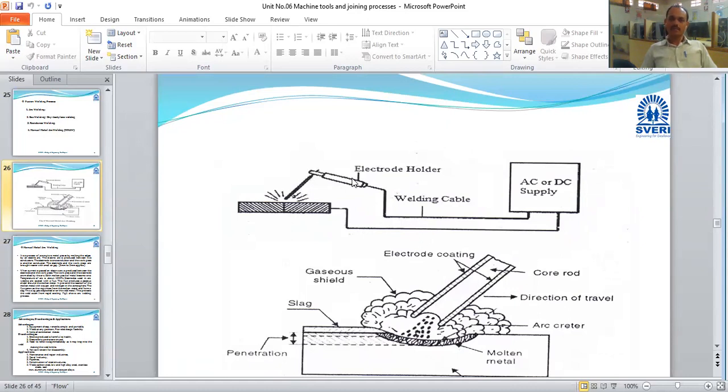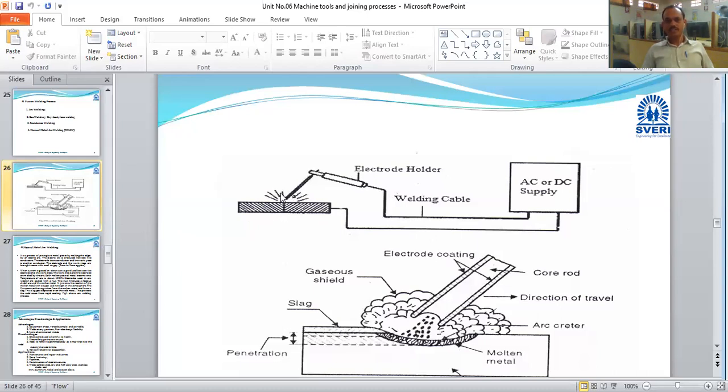But when current transfers from the electrode, a gap of about 1.5 to 3 millimeters is provided between the workpiece and the electrode. Due to that, heat is generated here.